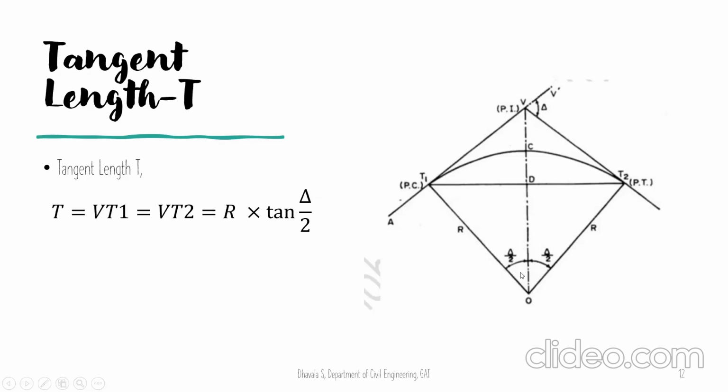Since angle is here, this distance T1O becomes adjacent and T1V becomes opposite. Hence, we can use tan theta formula for this triangle. Tan of delta by 2 will be equal to opposite by adjacent, T1V divided by T1O. The component which I need to know is T1V. Hence, T1V will be equal to R into tan of delta by 2.